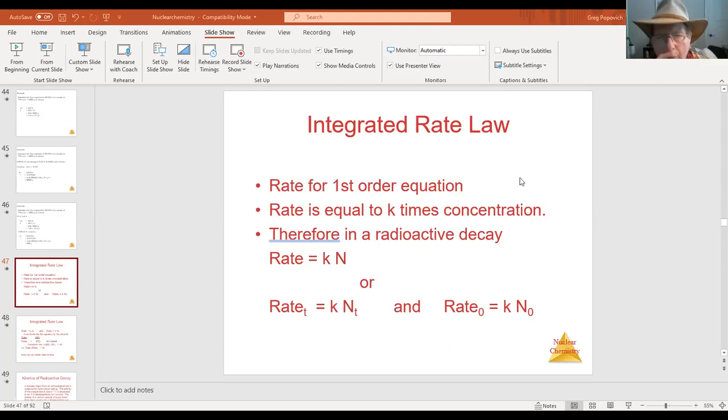All right, ladies and gentlemen, do you understand that if I determine from the half-life what K is, and I know what my number of nuclides are, I can determine the rate by simply taking the rate constant times the number of nuclides left, because it decreases as time goes on.